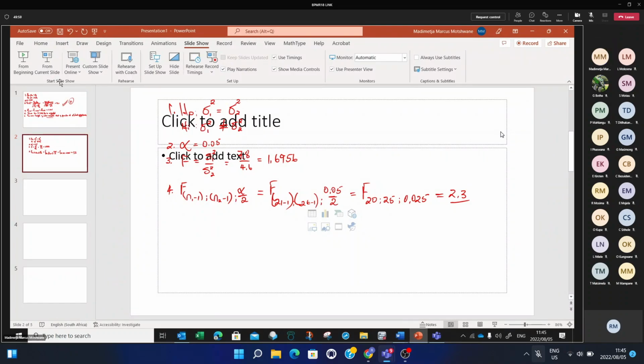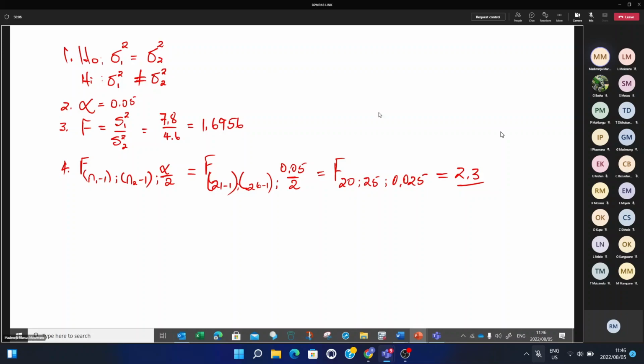And go to the current slide. What did we do now? That's right. So 2,3 is right. Then you are able to go to step number 5. In step number 5, we look at the calculated value.